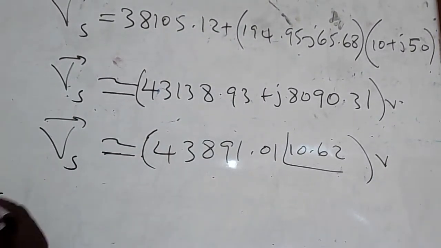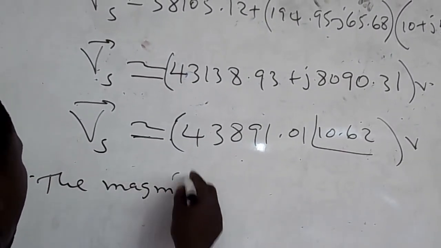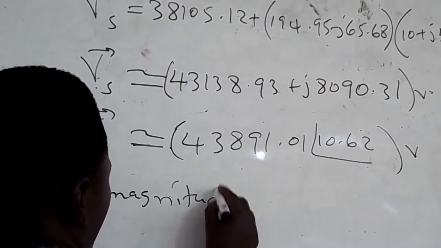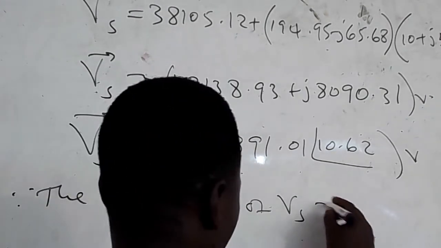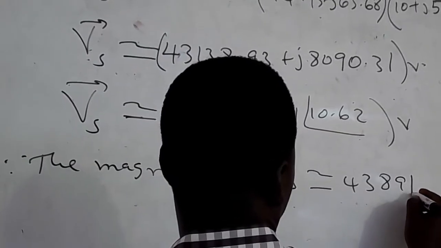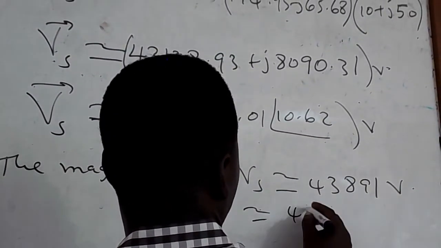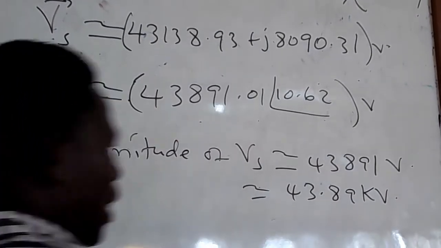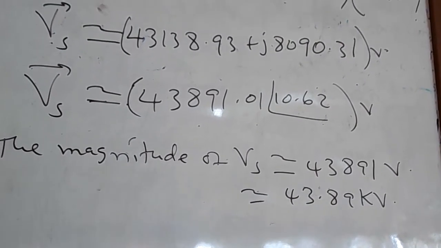So you can now see that the magnitude of Vs, the sending end voltage, is approximately equal to 43,891 volts, which is approximately equal to 43.89 kilovolts. That is when it's converted into kilovolts, we can get that particular value.